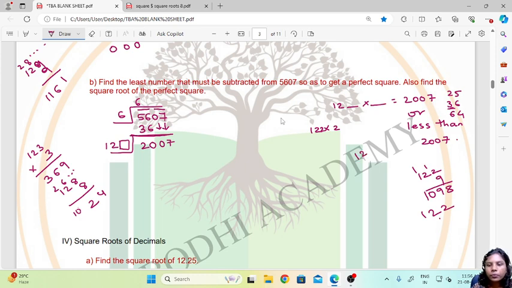1 2 1, we'll take 1. Or we'll take 12 here and see. So this will be 12, 2 2s are 4, 2 1s are 2, 2 2s are 4, 2 1s are 2. 2 plus 2, 1 2 and 1.